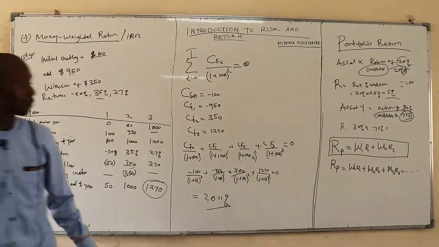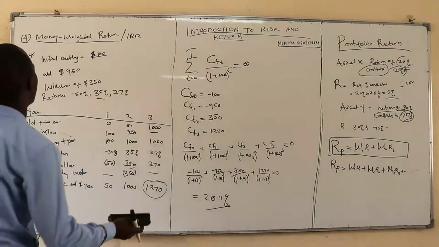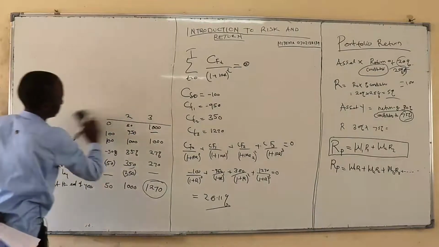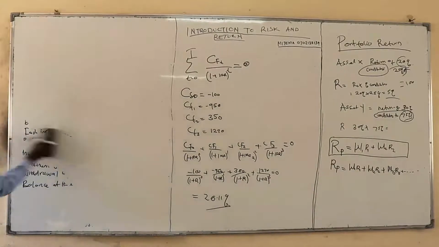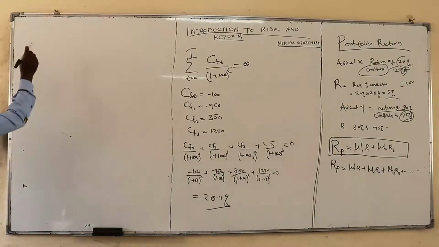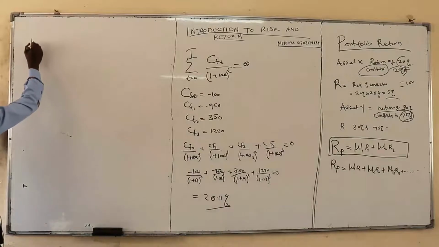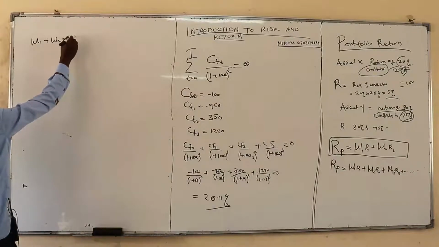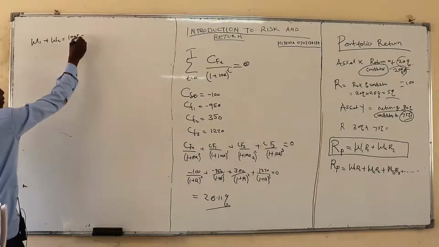And we can reshape the formula to this. We have said that where the portfolio consists of two assets, as it could be X and Y, their weights should always add up to 100%, which is equivalent to 1.